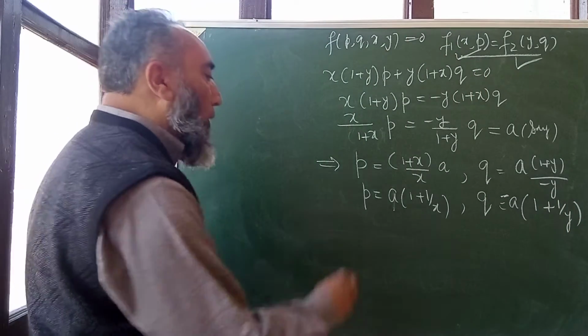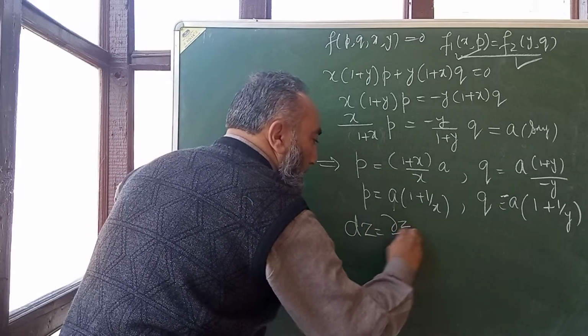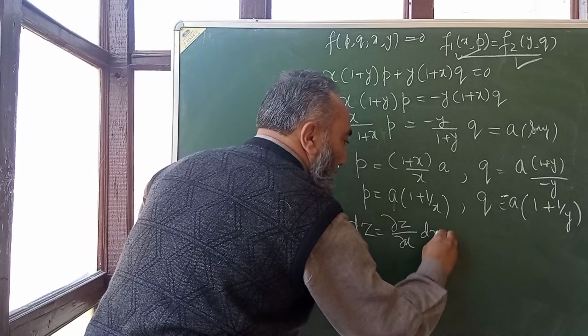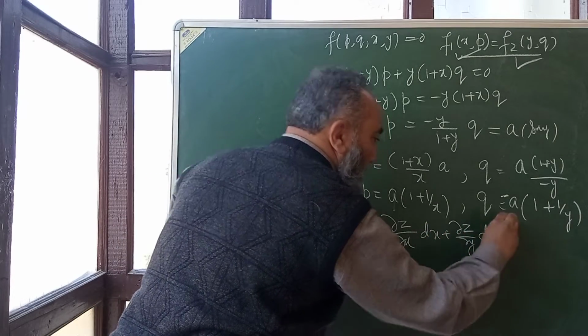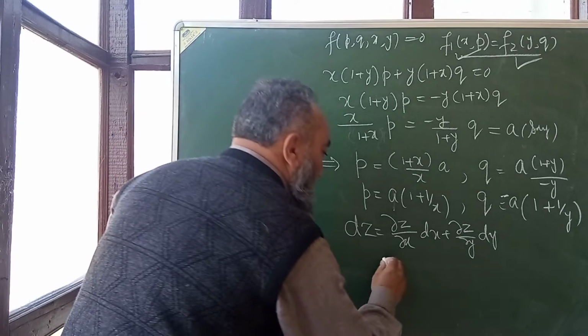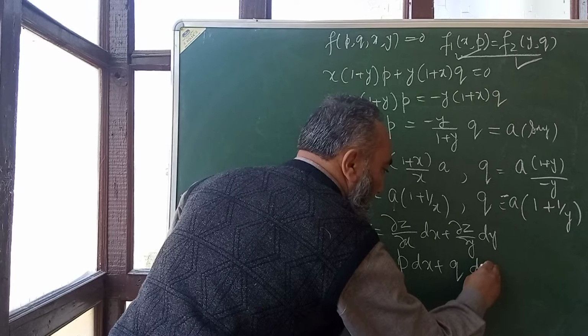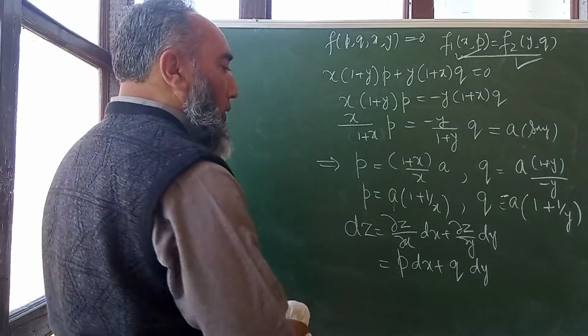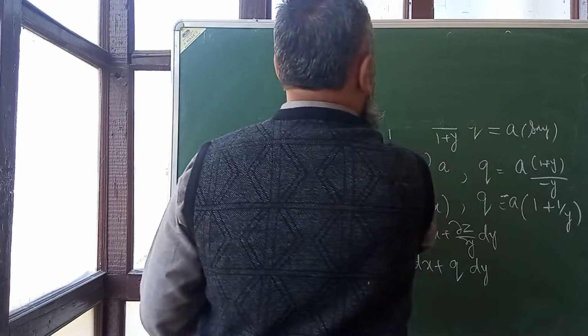Now, I will use the formula dz = del z by del x dx + del z by del y dy. This you have done in your first semester. Or this is p dx + q dy. So let me substitute p and q in this.